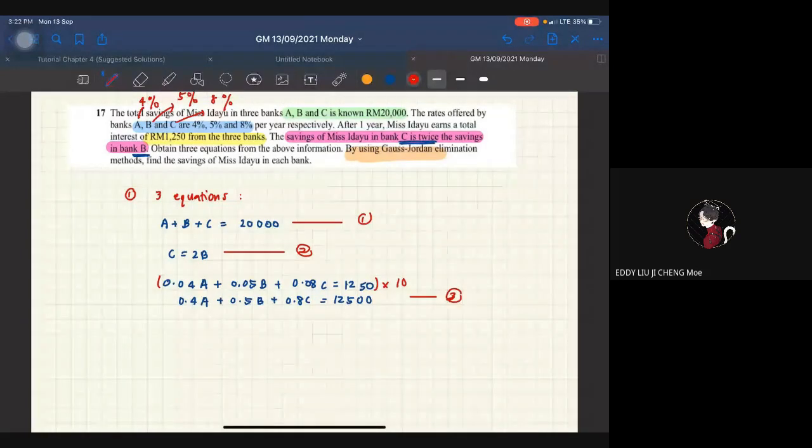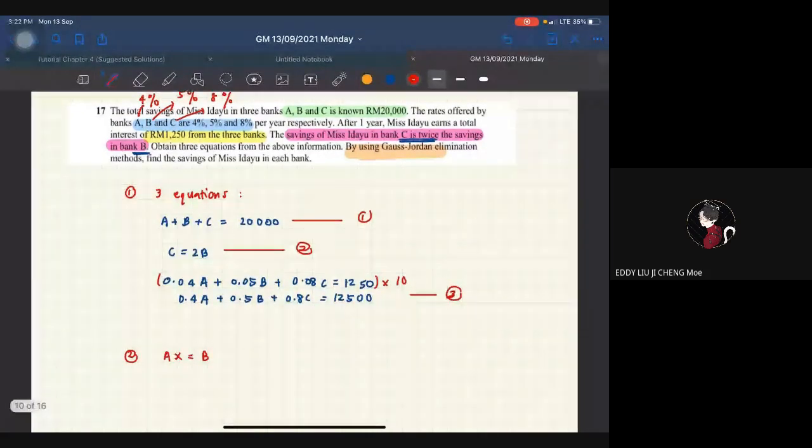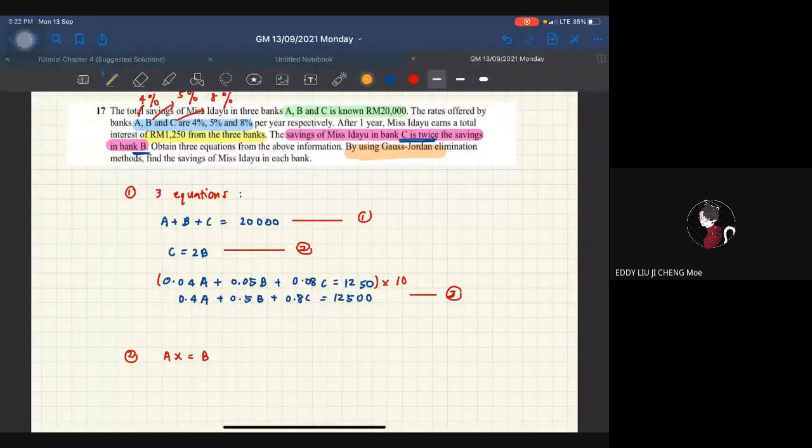So general form is AX equals to B. Tapi kalau awak tengok dekat first equation awak, dia punya variable, kita punya unknown, everything is on the left side. Dah already on the left side, and then kita punya nilai tak ada unknown dekat belah kanan. So this one no problem.